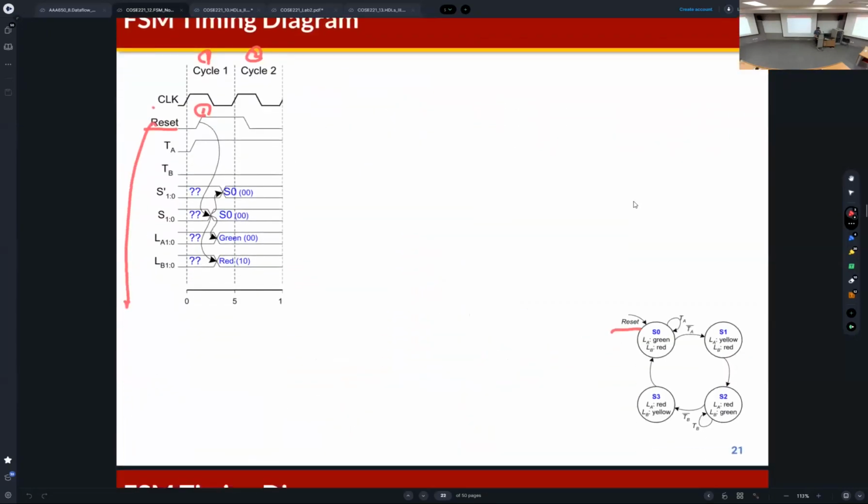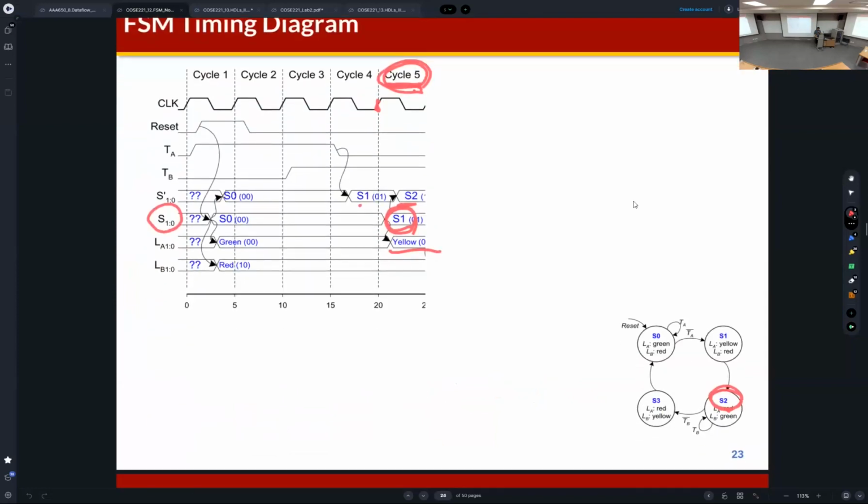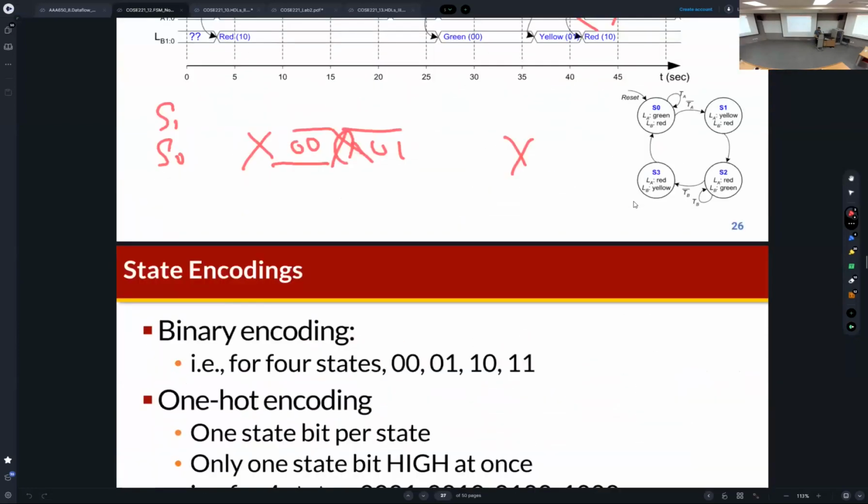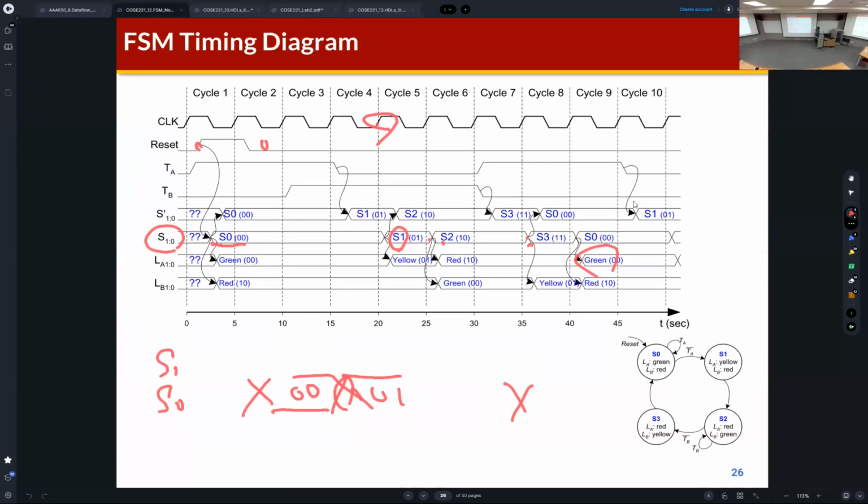Okay, so we also cover the timing diagram of the FSM. Actually, this is sequential logic, so it's about timing. Understanding the timing diagram is also important. You can find the clock signal, and the clock signal is very important.